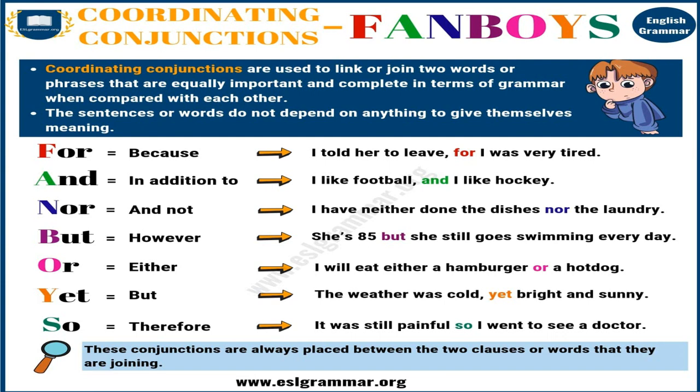The two words or phrases are equally important. We cannot skip any one of them. Coordinating conjunctions are always placed in between the two clauses or words which they are joining.